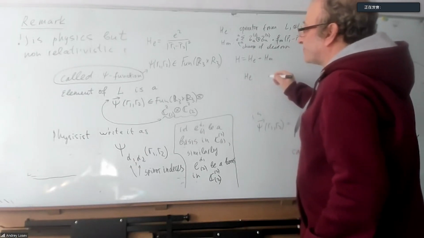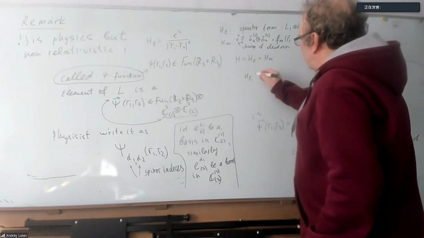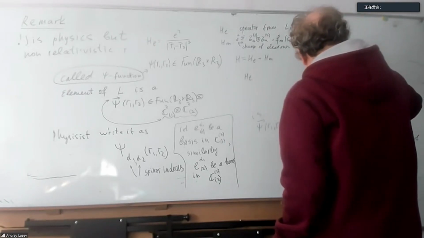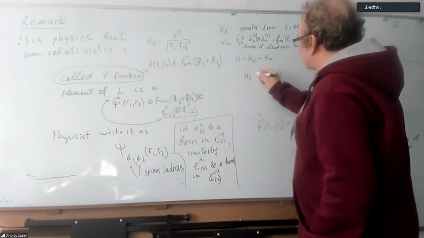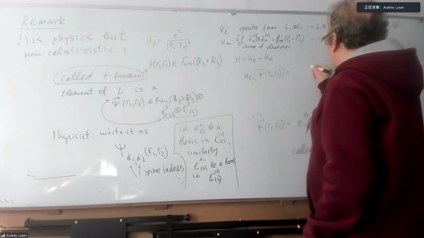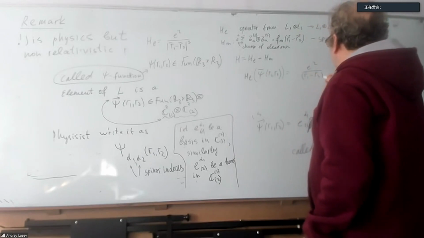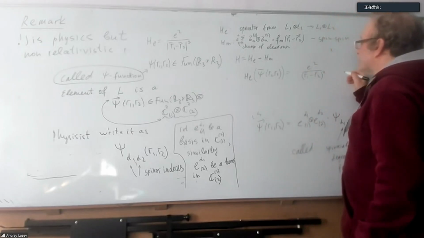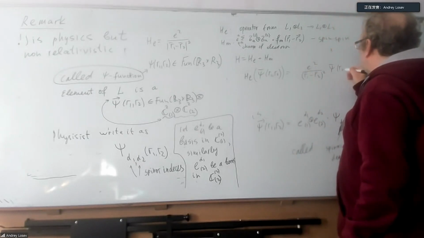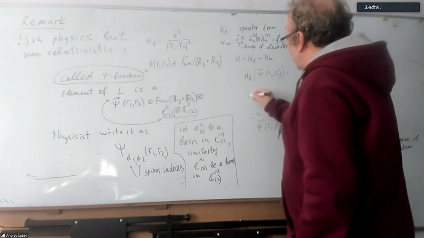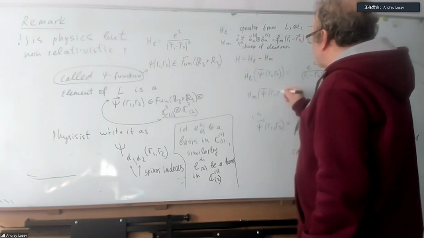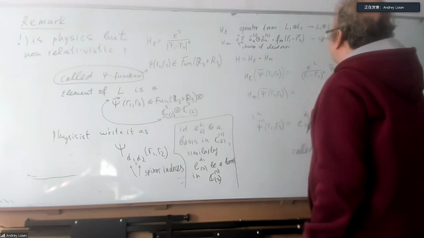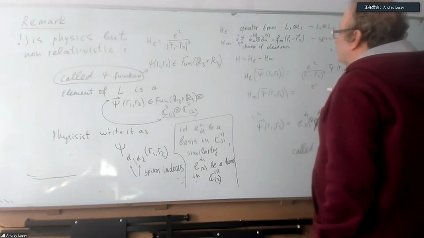HA acting on psi R1, R2 equals psi R1, R2. H magnetic acting on psi R1, R2 is E squared.